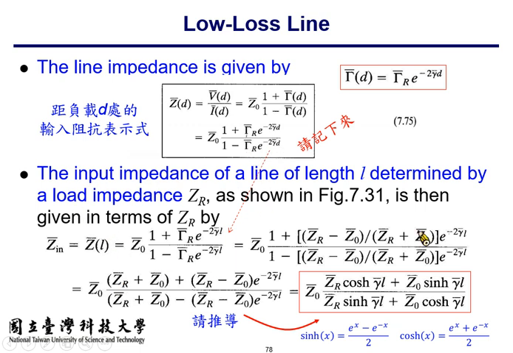Now, the parameter that we are interested in is the input impedance of a line of length L, which is determined by the load impedance Z sub R.